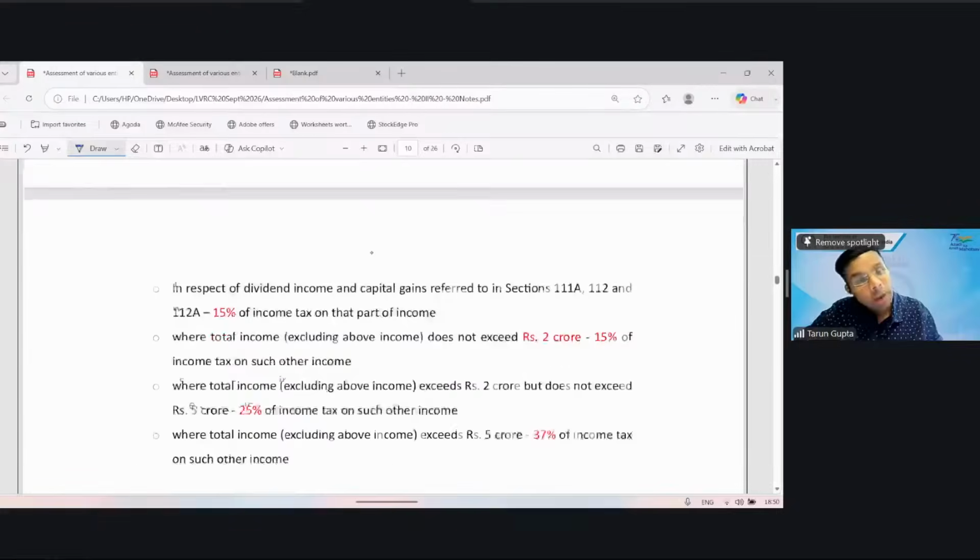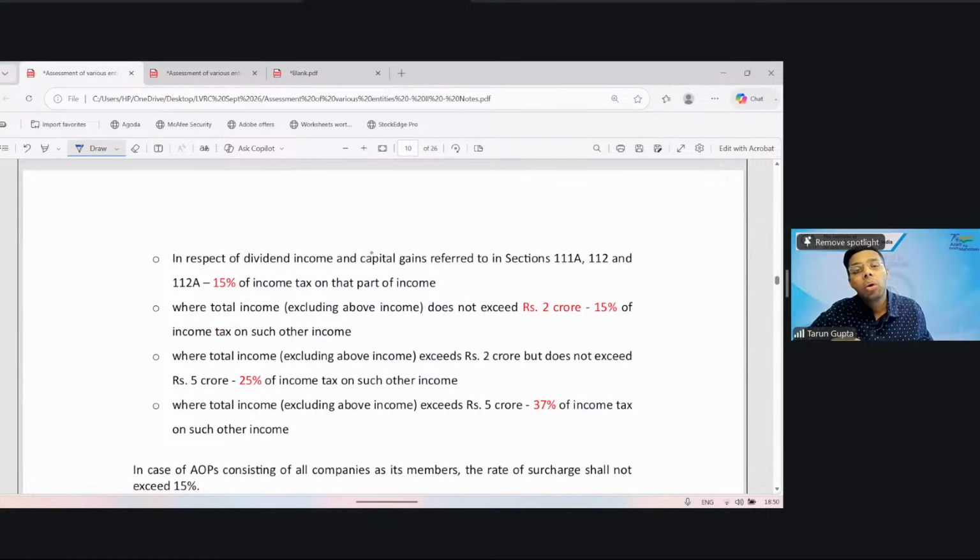Okay? And similar to what we discussed in the new regime, for income from dividend, short-term capital gain under section 111A or long-term capital gain, the surcharge on income tax on these incomes is restricted; it cannot exceed 15%.